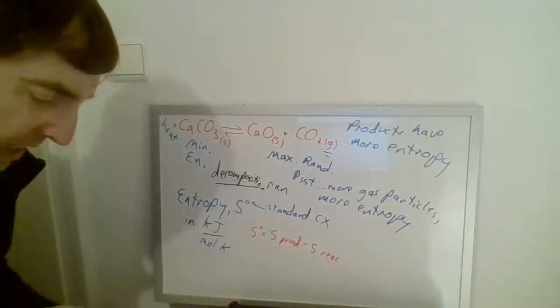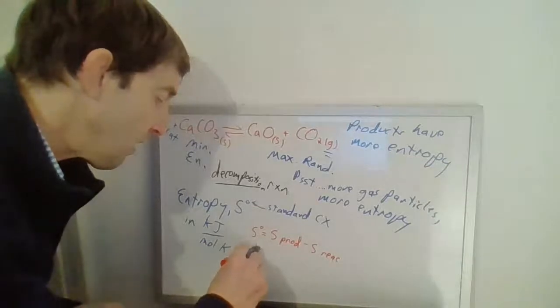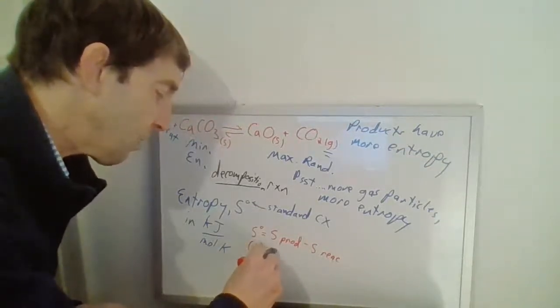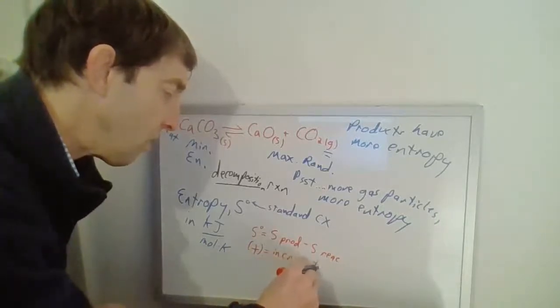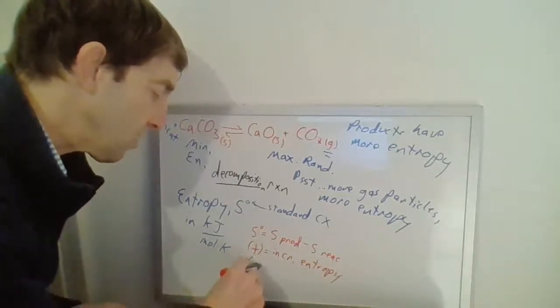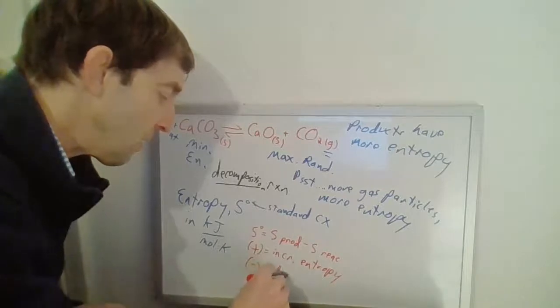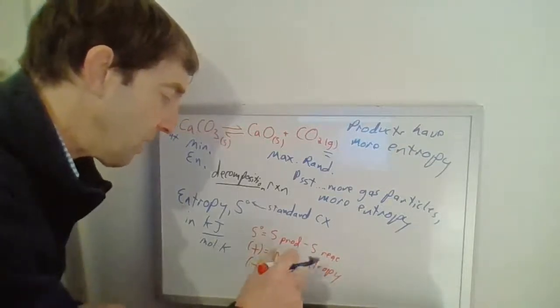And the way this actually ends up is a plus sign ends up being increasing entropy. And a minus ends up being decreasing entropy, or more order, another way to think of it.